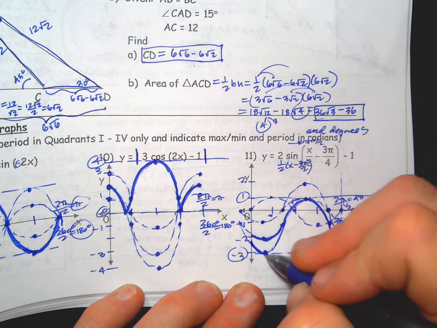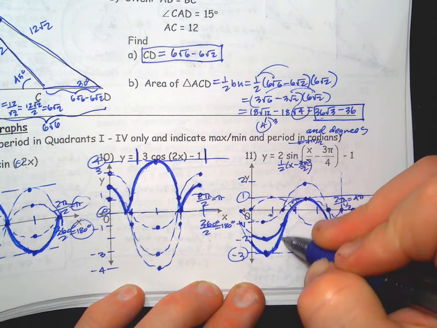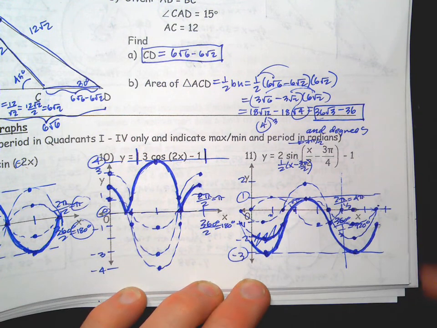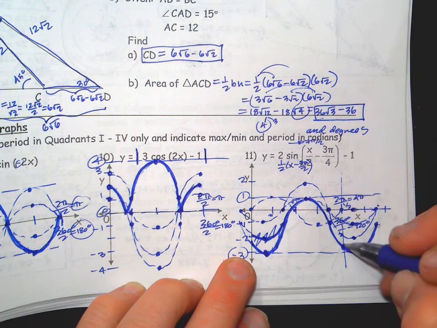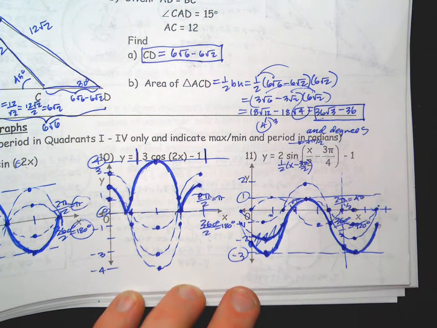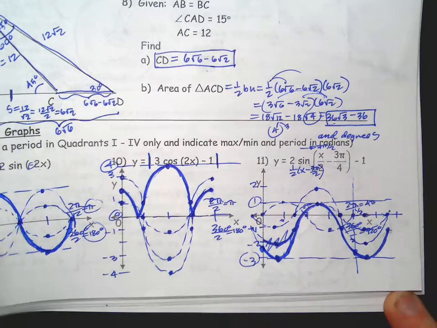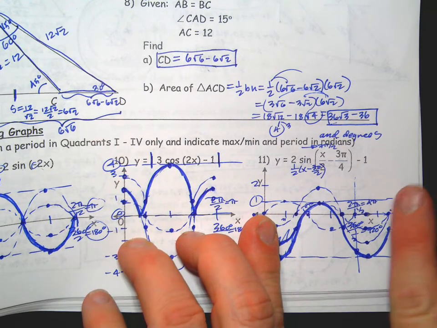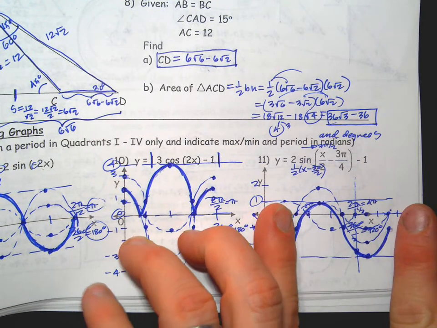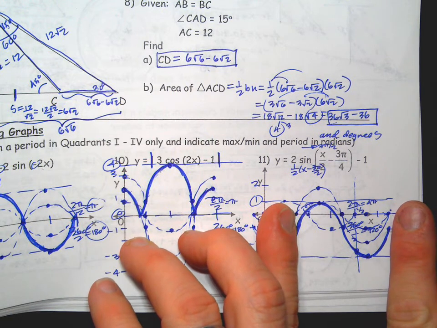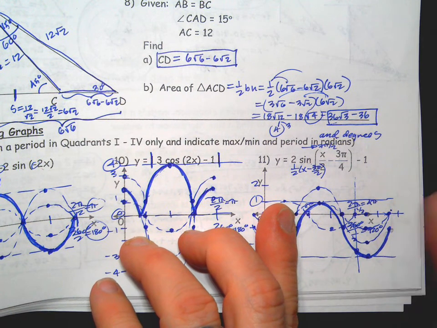Wherever you start it and stop it, they should meet up. But I'm okay with that being your graph. Just start the shift at the 3 pi over 2.